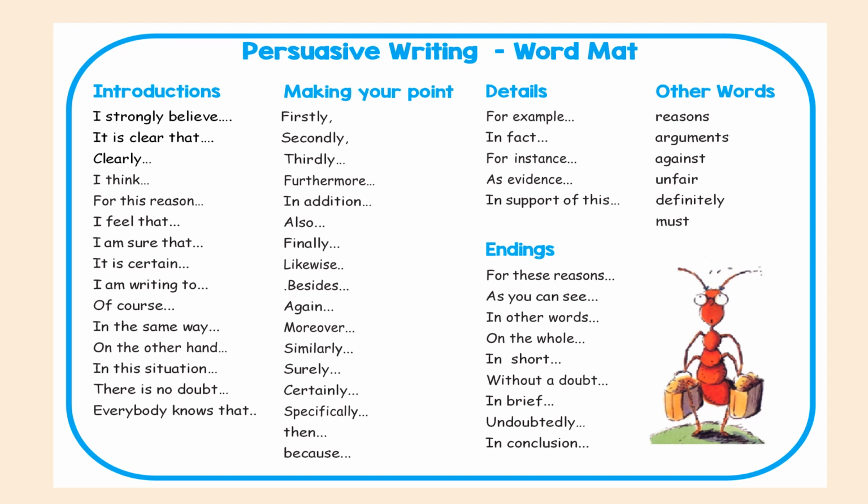These are going to be our time connectives. These are the words we're going to use to start off our reasons. And then you can see over here where it says endings. These are great sentence beginnings for our conclusion. Now I'm going to be using this when I'm writing my persuasive text.